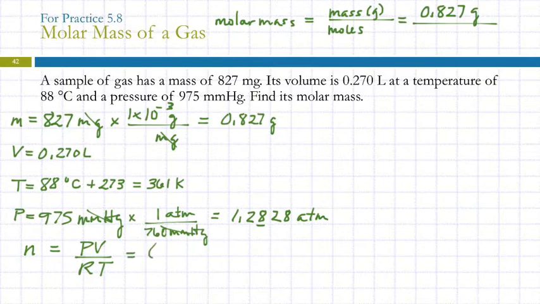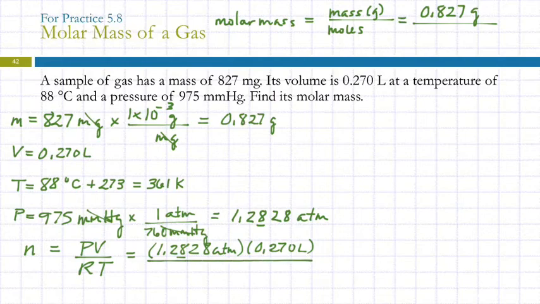So I'm going to plug them into my equation. 1.2828 atmospheres times the volume in liters, 0.270 liters, divided by the ideal gas constant, 0.08206 liter atmospheres per mole Kelvin. And the temperature goes down there as well, 361 Kelvin.